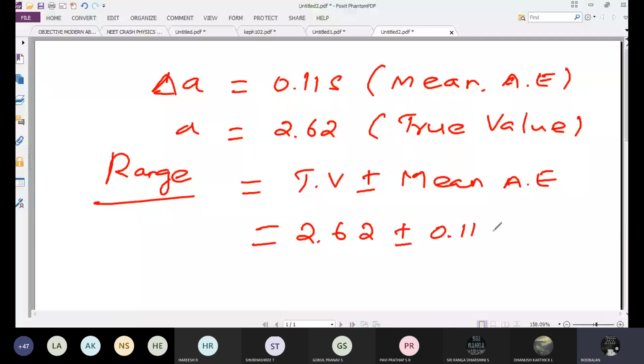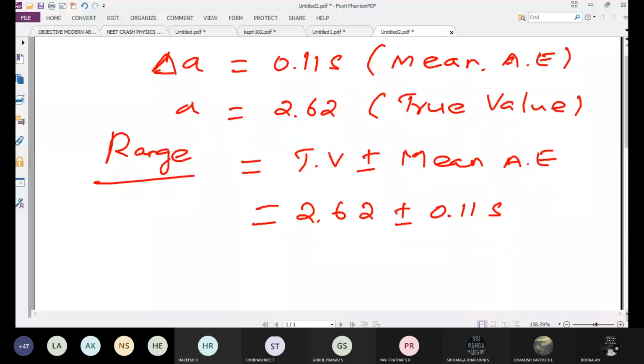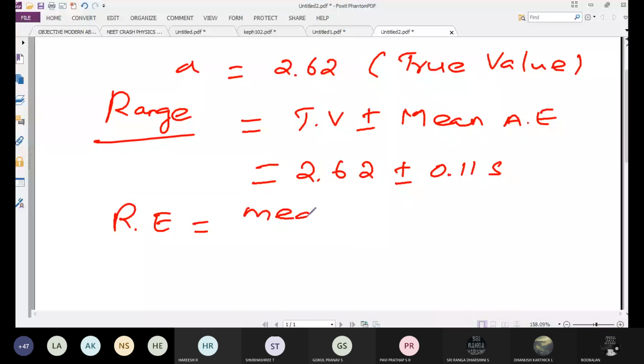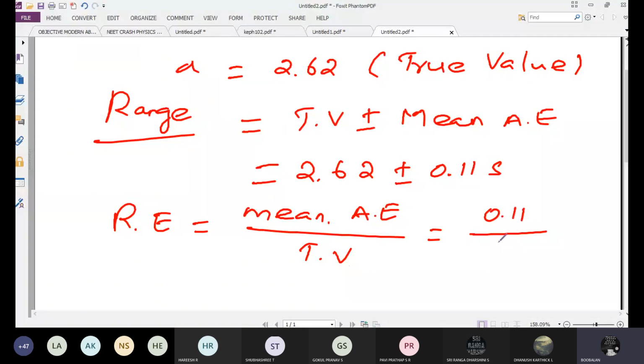Next we want to find the relative error. The relative error formula: mean absolute error divided by true value. So mean absolute error value 0.11 divided by true value 2.62.